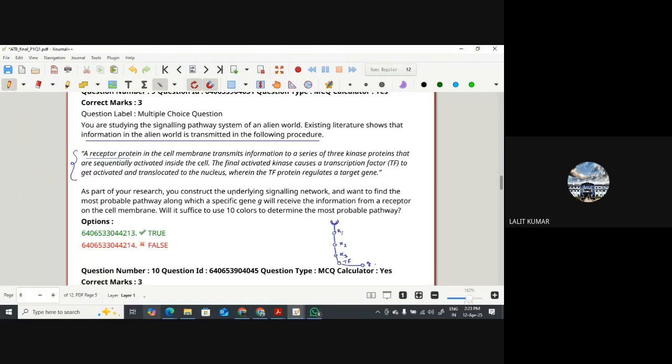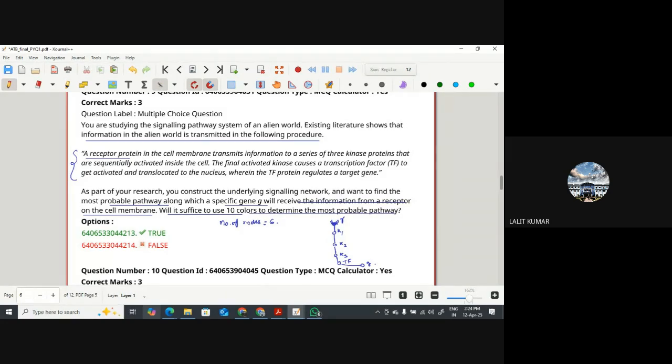So from here we get the number of nodes and the number of paths. So if you see, the nodes are receptor, 1, 2, 3, 4, 5, 6. So your number of nodes is equal to 6. The question they're asking is that you have to construct the underlying signaling network and find the most probable pathway along which a specific gene will receive the information from the receptor on the cell membrane. Will it suffice to use 10 colors to determine the most probable pathway?